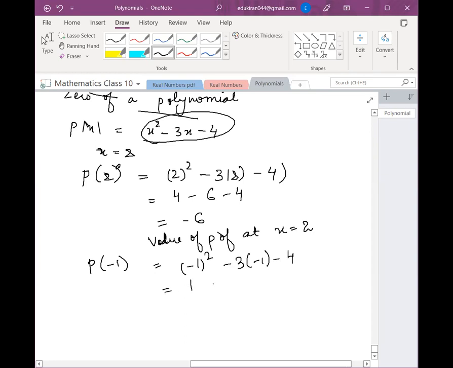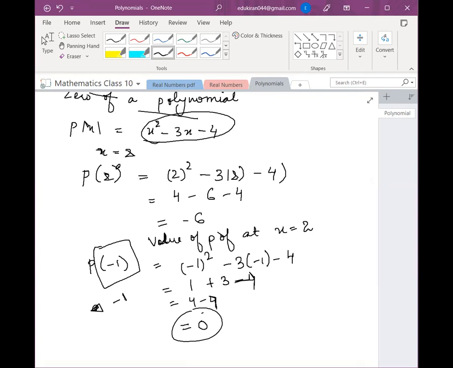This will become 1 plus 3 minus 4. So this is 4 minus 4, which is 0. That means you're getting the value 0. If a polynomial is giving you 0, this particular value of x is called the zero of the polynomial. That means -1 is one of the zeros of the polynomial, right? Okay. So we can give a general statement to this.